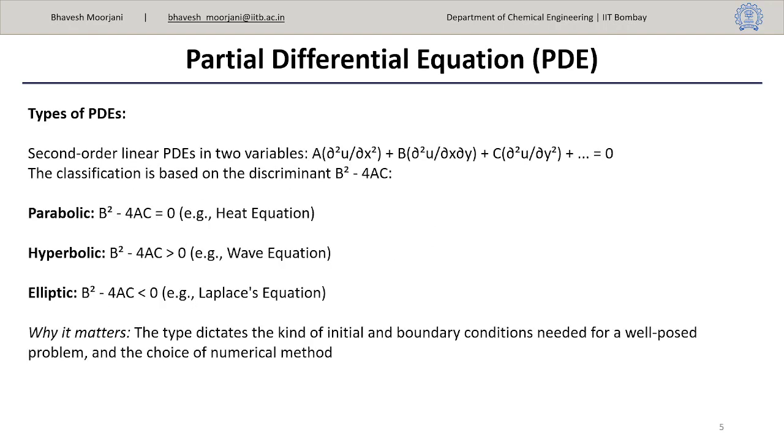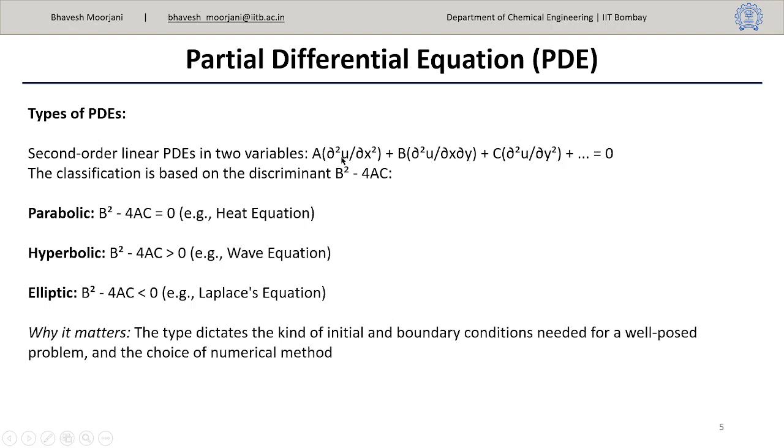Now if you want to characterize a partial differential equation, that is, if I have a partial differential equation, what kind of category can I put it in? As an engineer, you will mostly deal with second order partial differential equations, generally with two variables. So here we have considered the example of that, and you can write your PDE with respect to two independent variables.